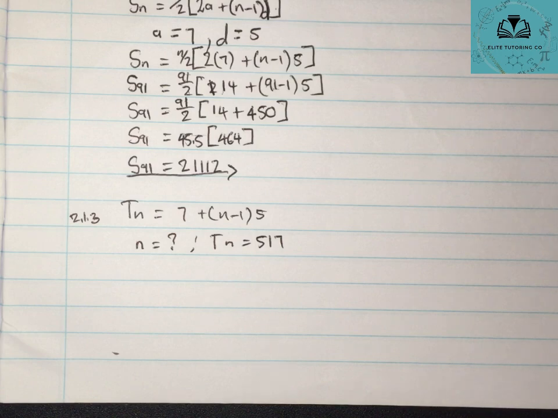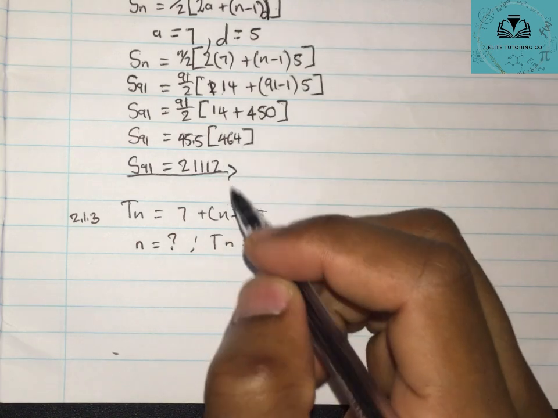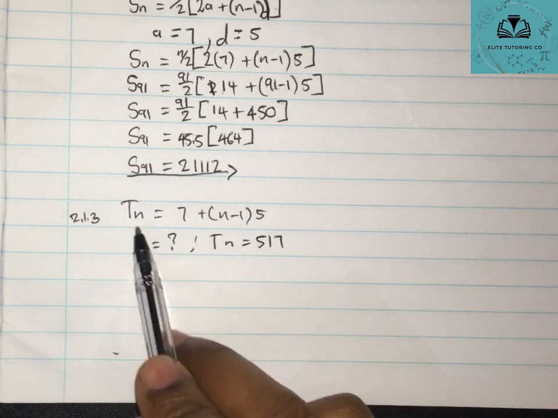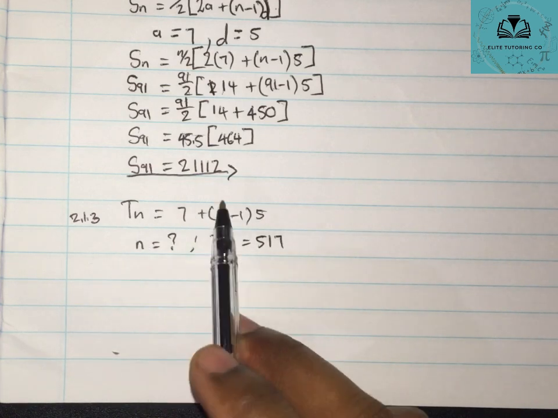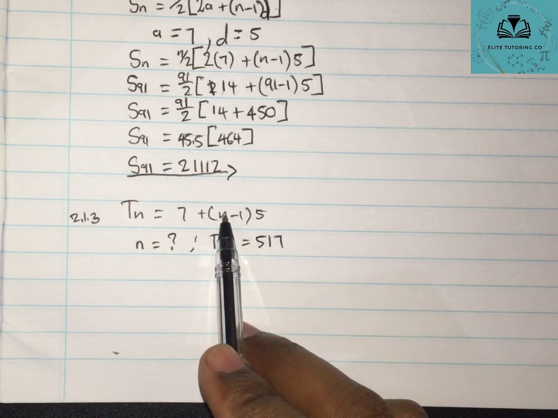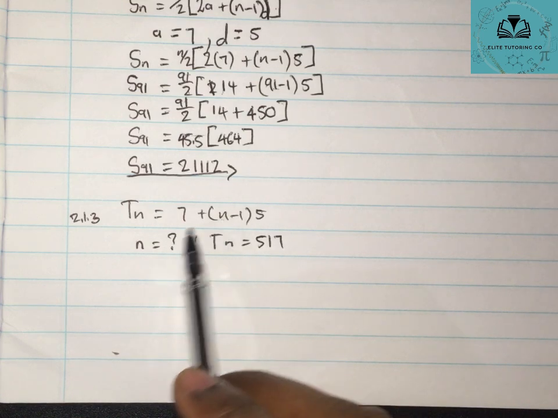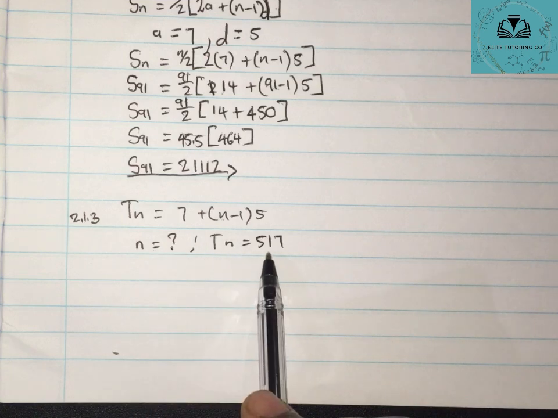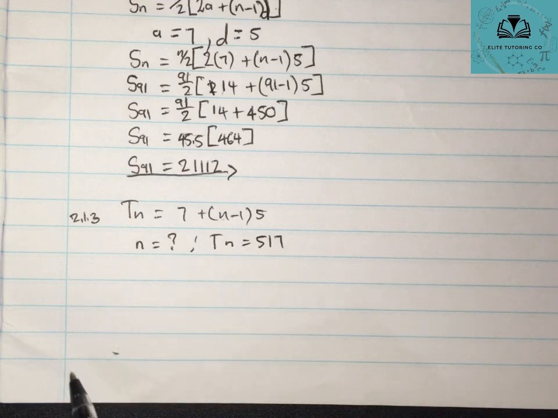That is 517. So what you will do, you will substitute the Tn value on this side of the equation, then you will solve for n. That n that you solve for there gives you the position of this term. So that's how this thing works.